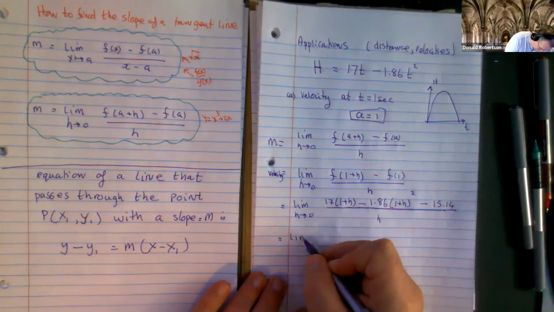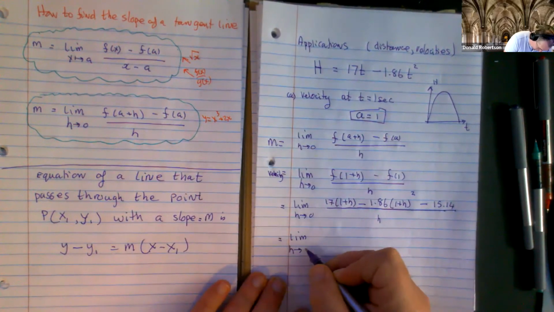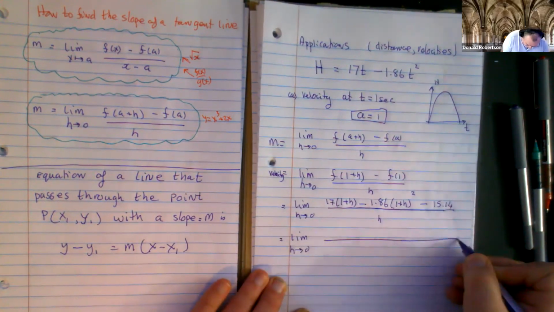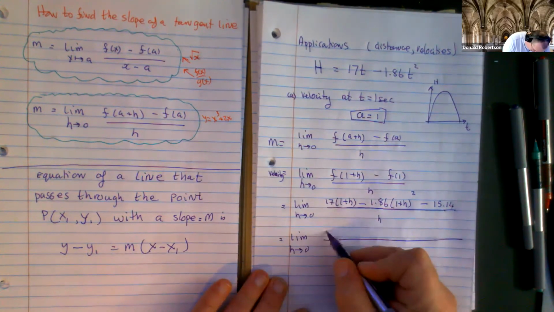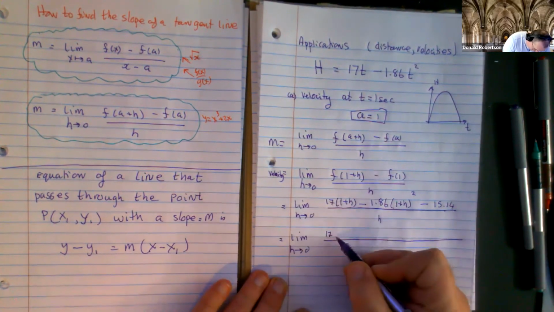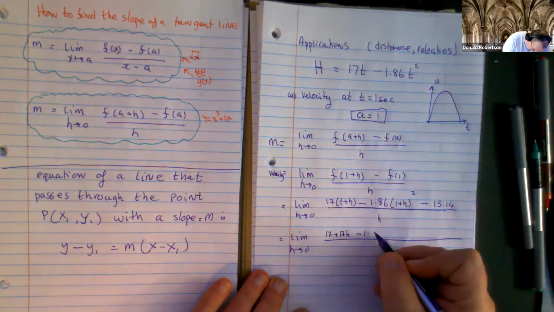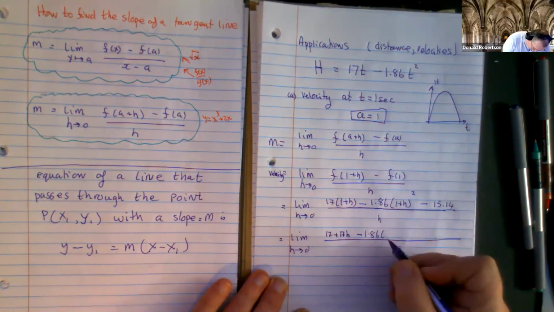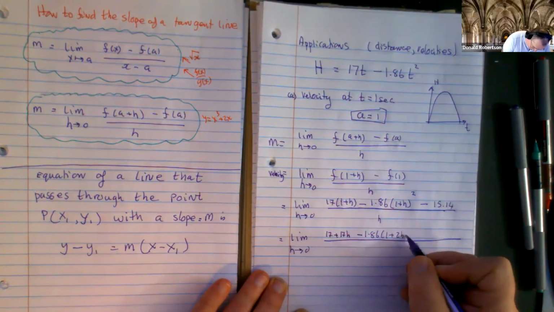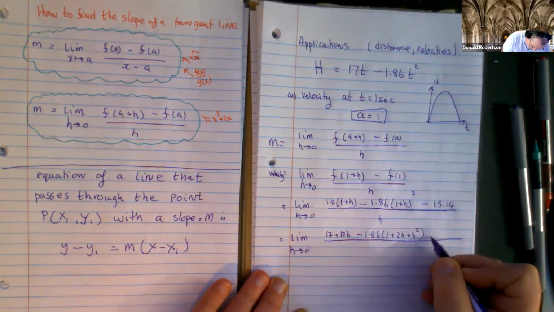What I'm going to be doing now is distributing all those pieces and then later on collecting like terms. So 17 times 1, 17 times h, take away, if you square that, you get that guy.